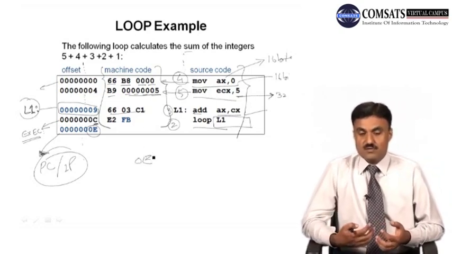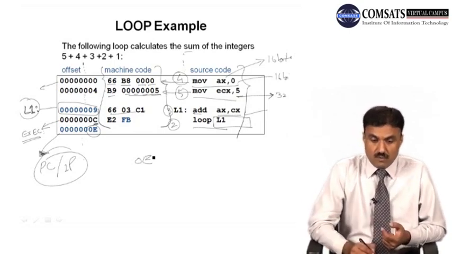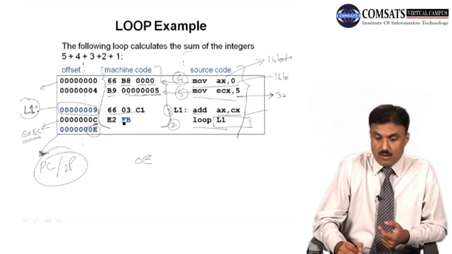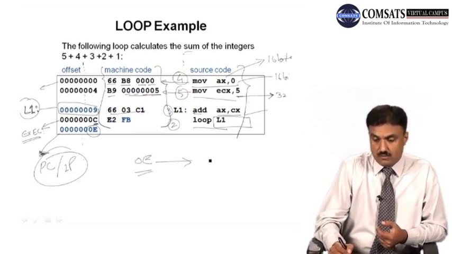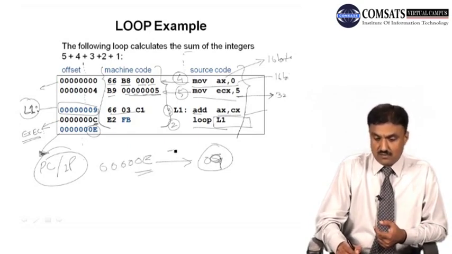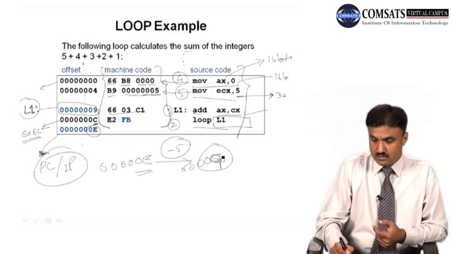At least 3 bytes for this one and 2 bytes for this one, so 5 bytes. We have to subtract 5 from here, then we can move towards the 09 address, and so on. So minus 5, then we can come to this address 0009.